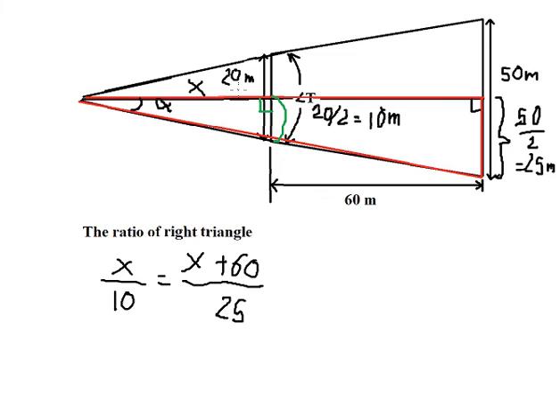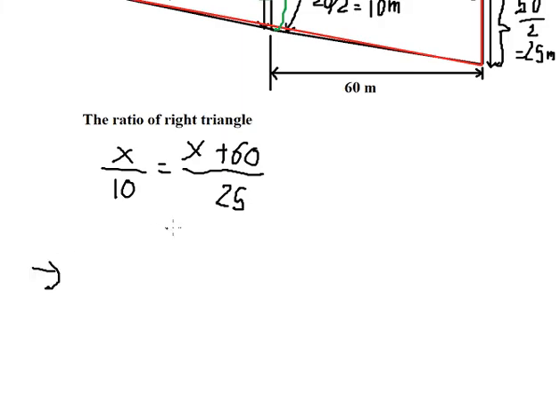Now we need to find S in here. So we have 25 times S, 10 times S, and 60 times 10 we have 600.